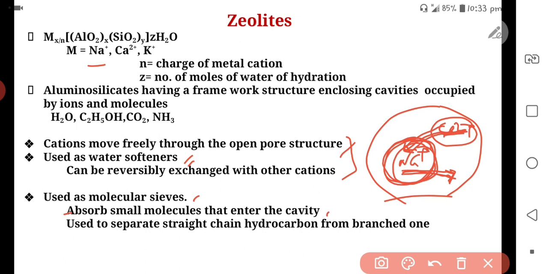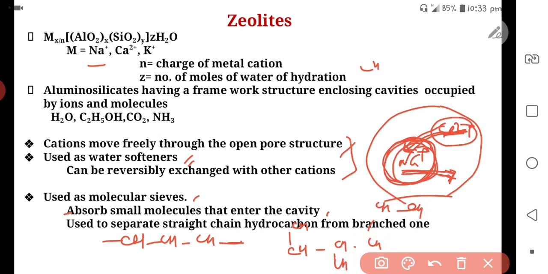Suppose that you have a mixture of a polymeric hydrocarbon. Polymeric hydrocarbon means CH like that. Here I can write CH. This is a straight chain hydrocarbon. Suppose it is a branched hydrocarbon, what happens? Here there is another CH, then CH, then here CH.